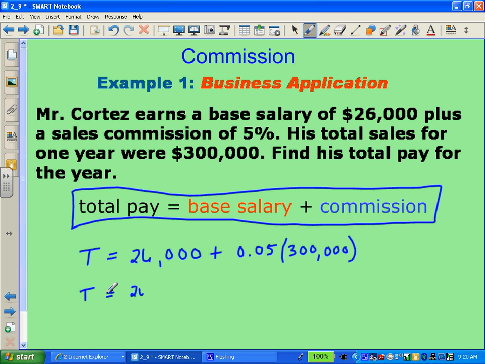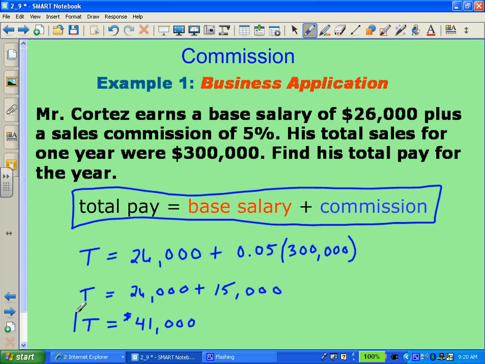So then I have 26,000 plus 0.05 times 300,000, and that is 15,000. So then Mr. Cortez's total pay for that year would be $41,000. Okay? Total pay is base salary plus commission.